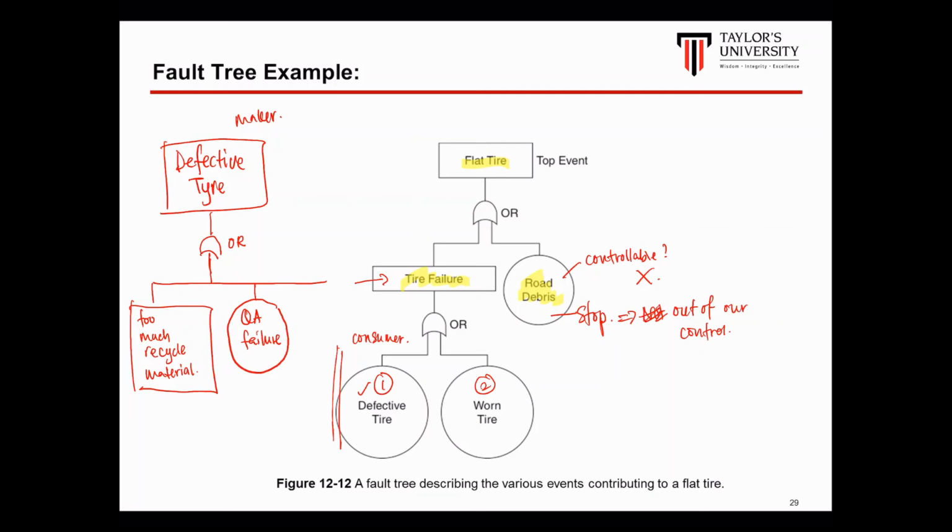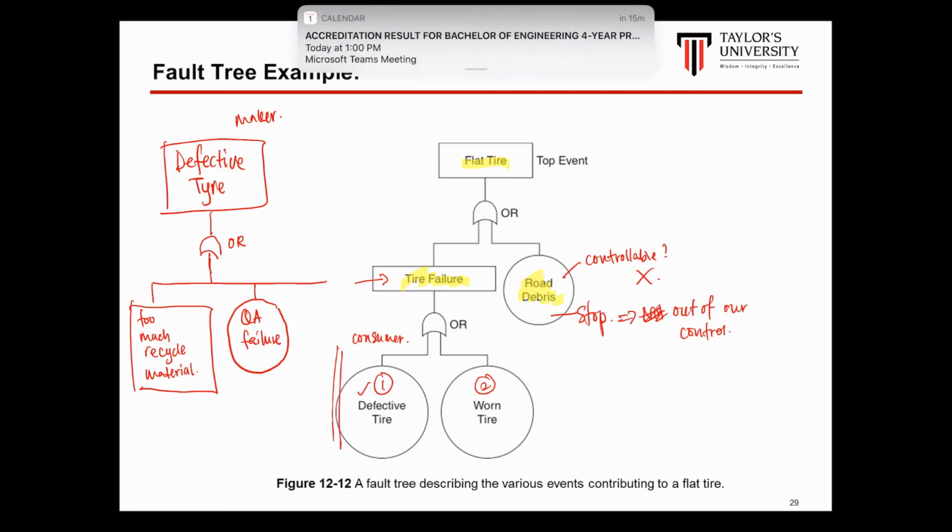This is where you want to give feedback to your QA department and say, hey, look, take a look at this. You shipped a defective tire to our customer, so do something. But if you look back at what is within your own control, maybe your mold is already defective, or maybe it is something else that causes all these defects. So you can put a few more here, and you continue.